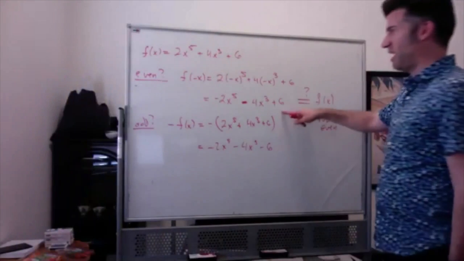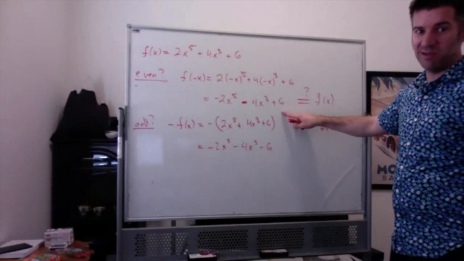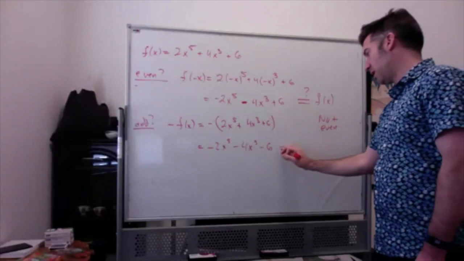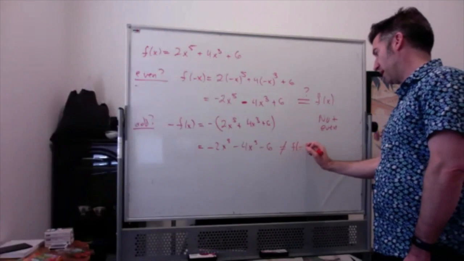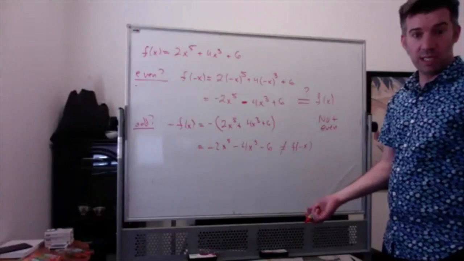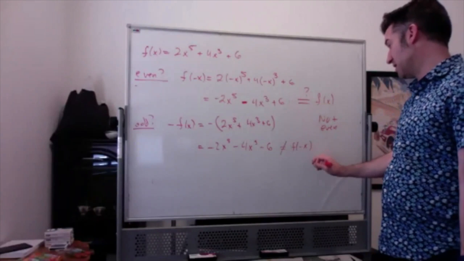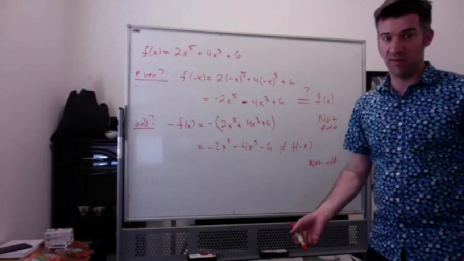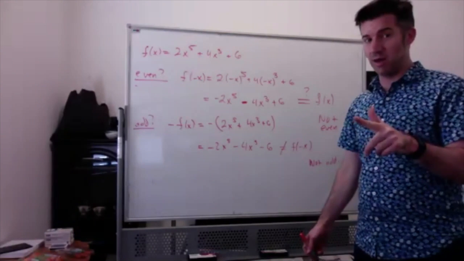Is that the same as that? No. The minus sign here and the plus sign here are not matching up. This is not equal to f of negative x. Meaning it's not even and it's not odd, so it's neither. There's only 3 options. A function either has to be even, has to be odd, or has to be neither.